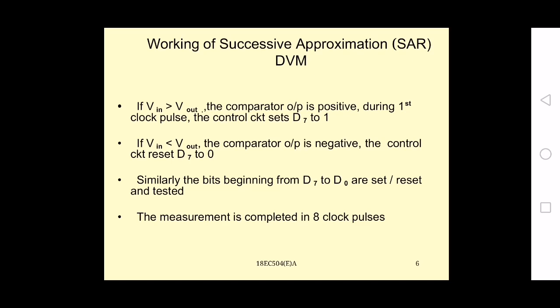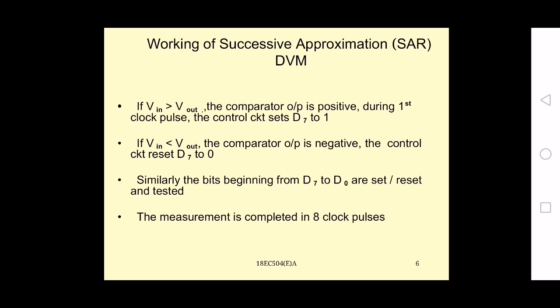A similar formula is used in this successive approximation register. The input voltage is applied through the input attenuator, amplifier and sample and hold circuit, and that is given to the comparator. And we have the start and stop multivibrator, which will issue a start pulse that is applied to the ring counter, which will set the most significant bit D7 to 1 and the remaining bits to 0.